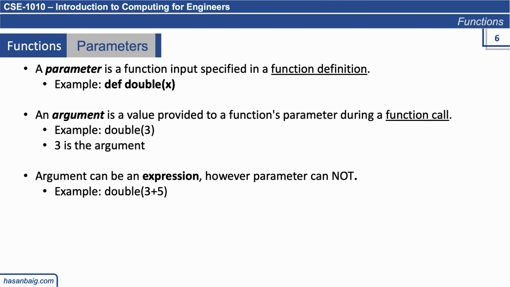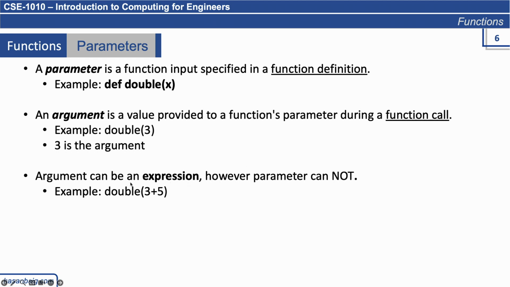X is a parameter because it's a part of the function definition. Here 3 is an argument, what I'm passing to this function while calling it. An argument is always a value. It could be a variable which you have already defined before. Anything you pass in the parentheses when calling the function is considered an argument.